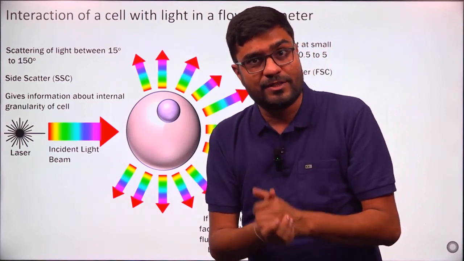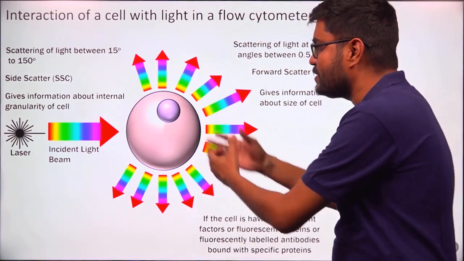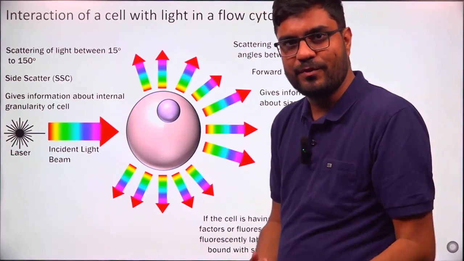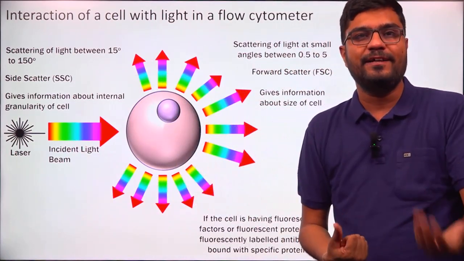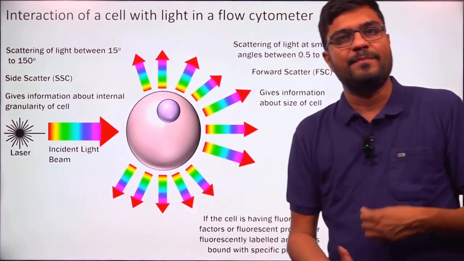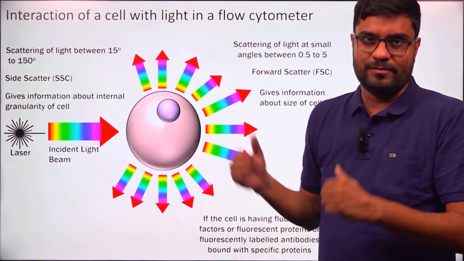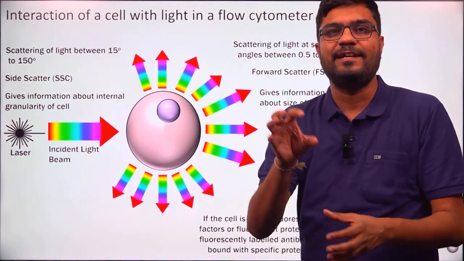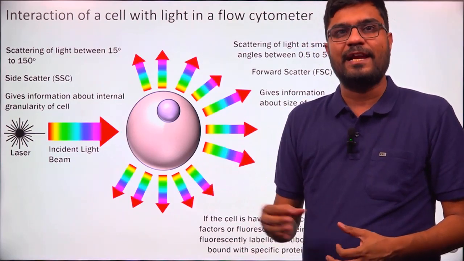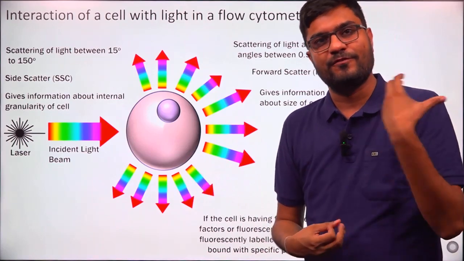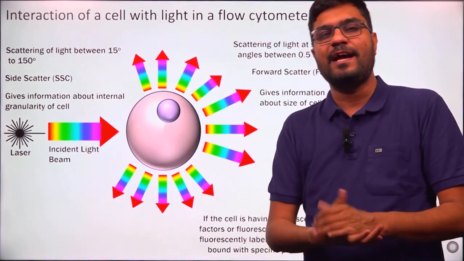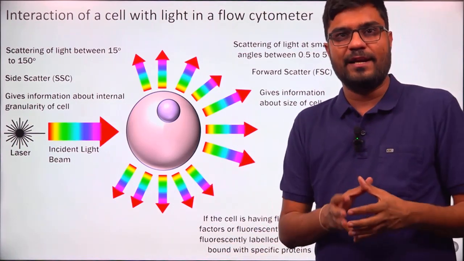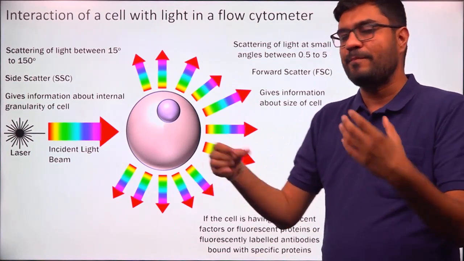The third information which we can get from a flow cytometer is if my cell is containing a fluorescent protein like green fluorescent protein, red fluorescent protein, or stained by a fluorescent dye like propidium iodide, SYBR Green, SYTOX, or the proteins of this cell are labeled with fluorescently tagged antibodies. So it can have inherent fluorescence, it can have the presence of a fluorescent protein, it can be stained by a fluorescent dye, or it can have fluorescently labeled antibodies which are binding against specific proteins of this cell.